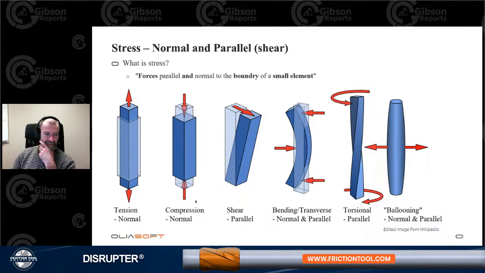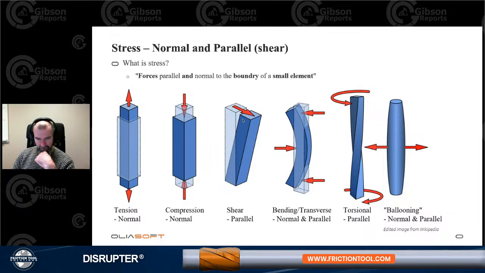I think it does, especially when you look at all these different motions, right? Because they are not that easy to just remember. So obviously we have the same thing as we looked at with tension and with stretch. We have the tension compression stuff, but we also have these shear forces that can act on an element, right? And the point here is that they're parallel to the surface where you are calculating the stress.